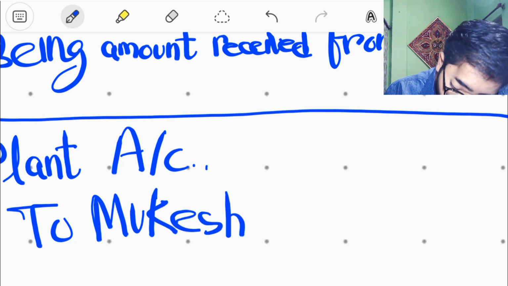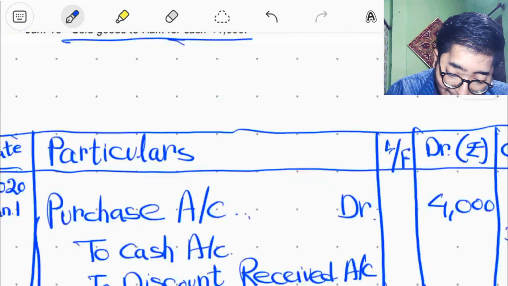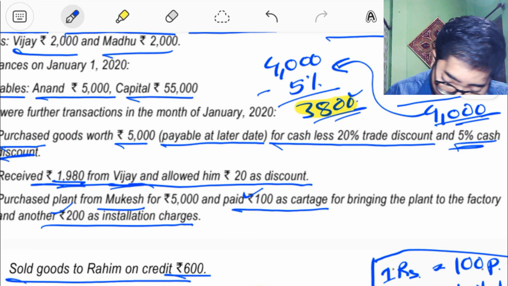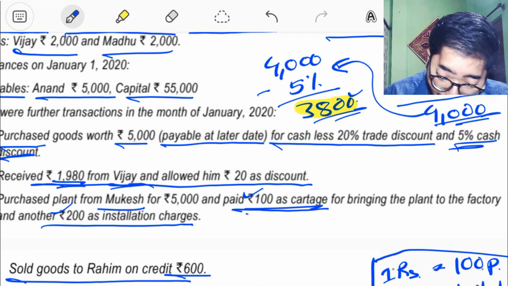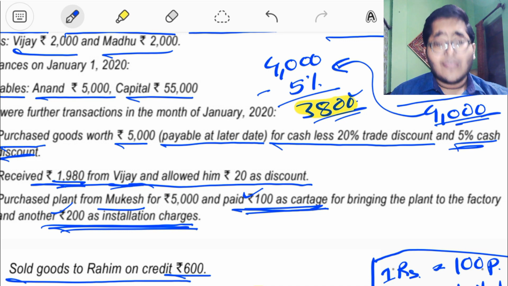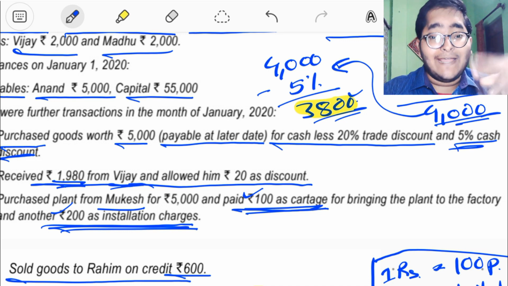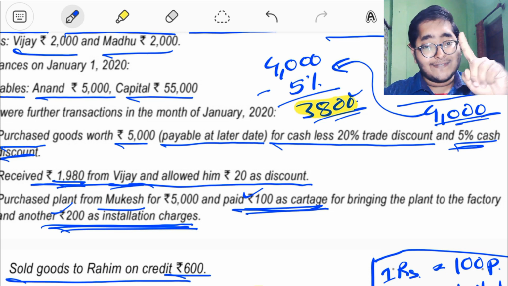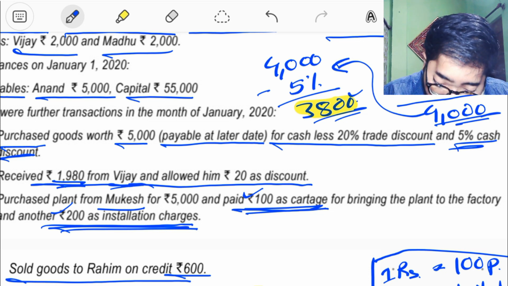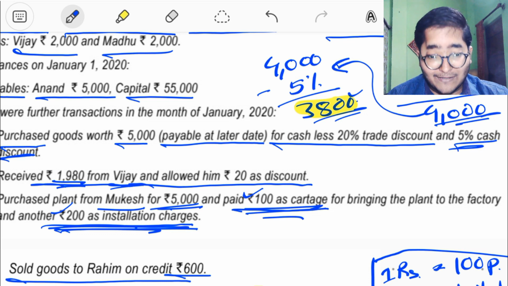To Mukesh account, and it is said that rupees 100 cartage is paid and rupees 200 installation charges are paid. So there are two assumptions you can take. Number one is that this entire rupees 100, rupees 200 and the rupees 5000, these three are only credit balance or the outstanding balance.